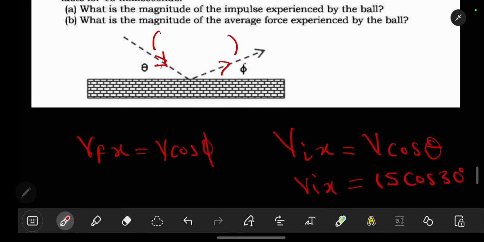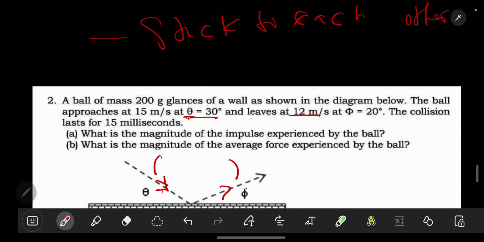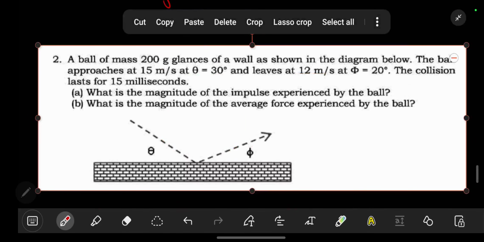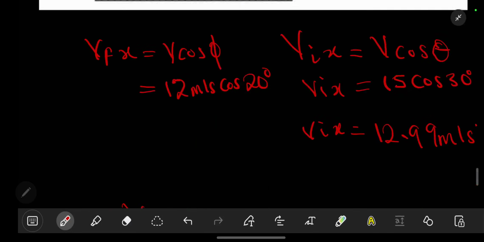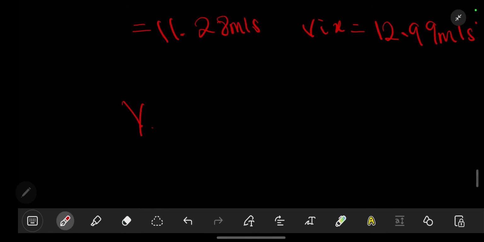It leaves at 12 meters per second, so we say 12 cos of the angle 20 degrees. We are told that it leaves at an angle of 20 degrees. This gives us 12 cos 20, which is 11.28 meters per second. So this is all in the x.